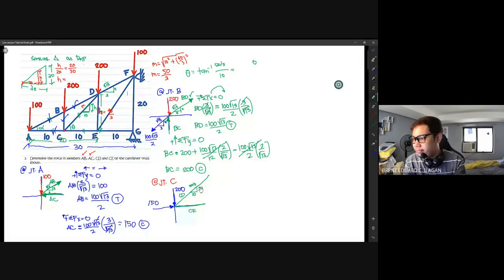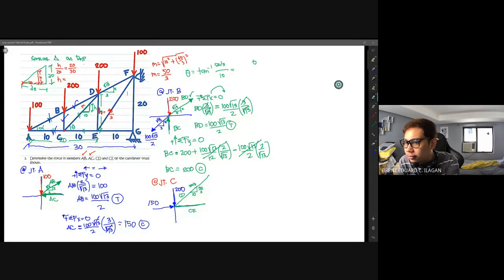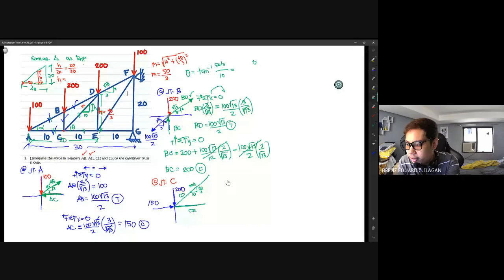Tama. Sige, Ining, bakit CD? May value na po ng Y po. Okay. Tama naman. Kasi, if yung CE yung kukunin mo, kailangan mo i-consider si CD, which hindi pa nga natin alam yung direction. So, unahin mo munang alamin yung direction ni CD.